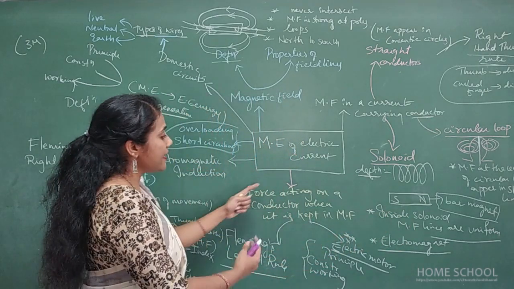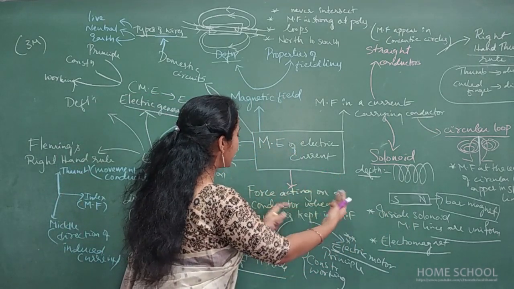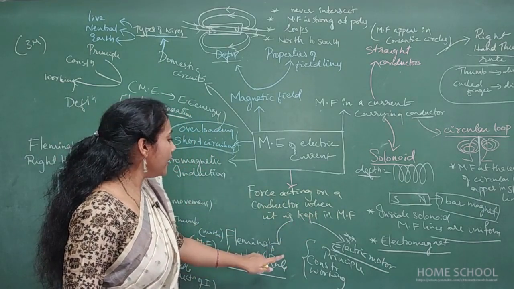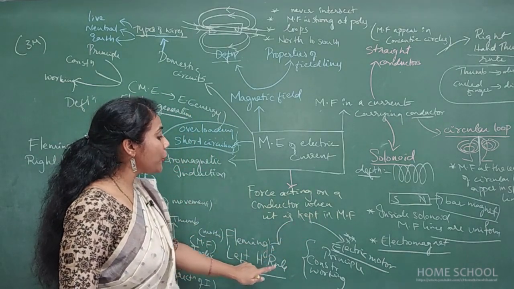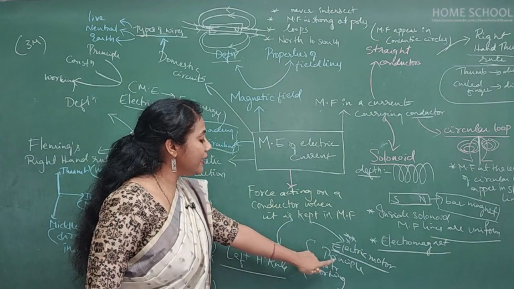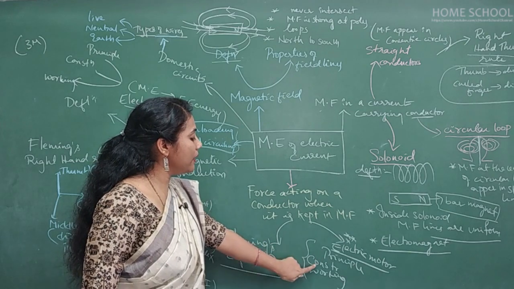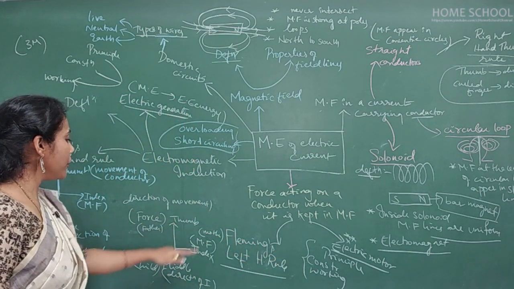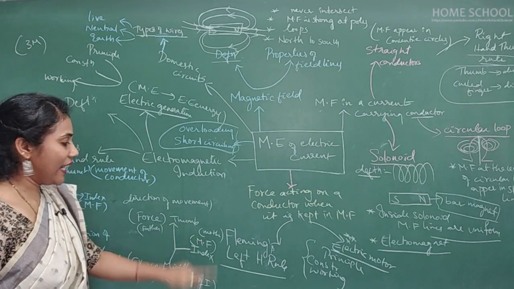The next aspect, very important, is the force acting on a conductor when it is kept in a magnetic field. Here Fleming's left hand rule will come, and also you will study the electric motor. Under electric motor, 3 points: principle, construction, working, right? And you must know the definition of Fleming's left hand rule.